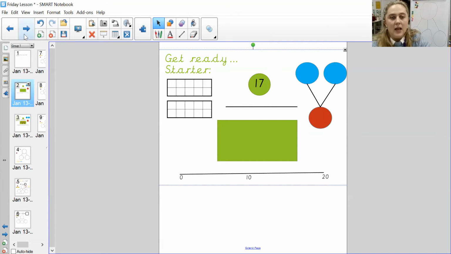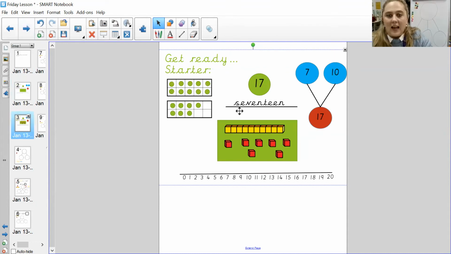Well done. Okay, here are the answers. Get ready to tick. So there is the word 17 in words. Have a look. I'll mark it on Tapestry too, but just have a look and see how you've done. This is what 17 looks like as a tens frame, as 2 tens frames in fact.